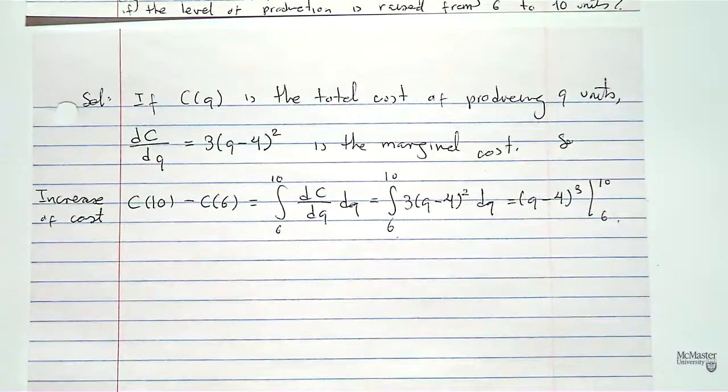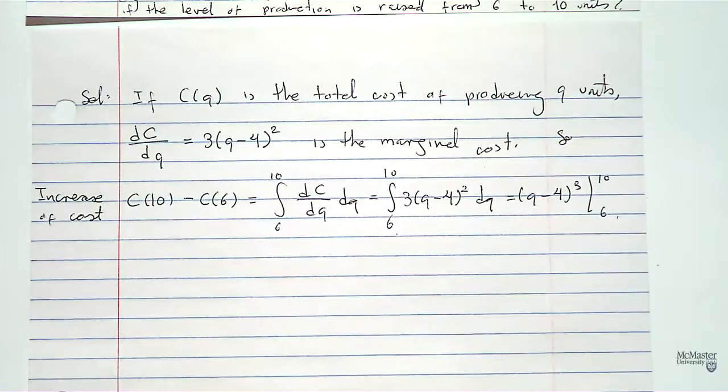Think about it, u is equal to Q minus 4, so you have the integral of 3u squared, which is u cubed. You substitute back again, but you kept the original limits of integration. So you did all those steps in a single thing. In this case, it's simple because u is equal to Q minus 4. It's a linear function and you have a constant, but the constant disappears when you take the derivative. That's why du is equal to dQ.